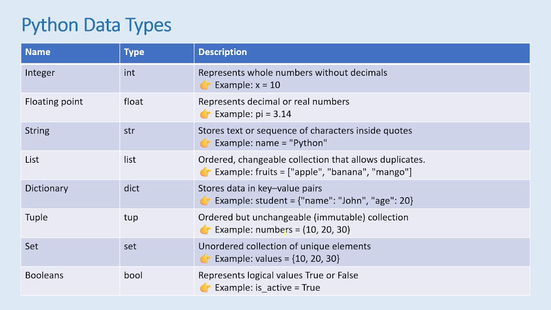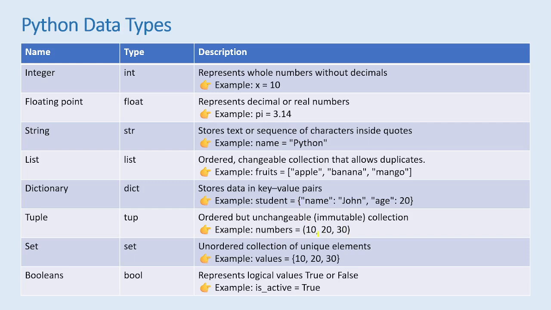Let's say here numbers we have assigned 10, 20, 30. We cannot add new values or remove. Tuple is unchangeable. Once you define it, it will remain as it is. It does maintain order like list. In list, we use square brackets. In tuple, we use parentheses. And in dictionary, we were using curly brackets.